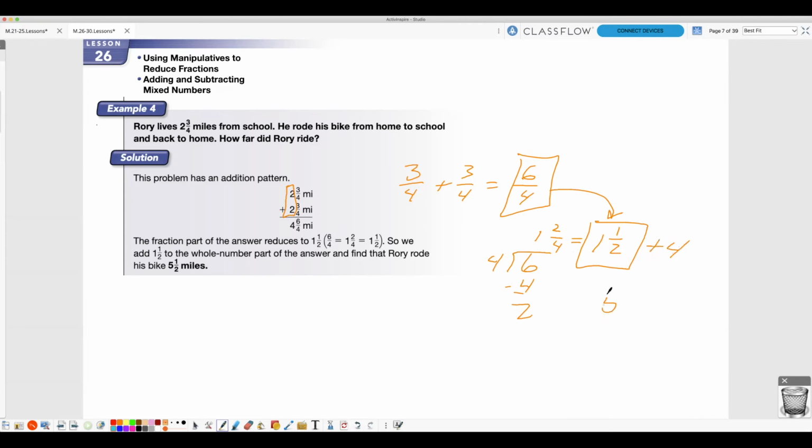You have 5 1/2 as the final answer. 2 and 3/4 plus 2 and 3/4 would equal 5 1/2 in the end. So you have to make sure the fraction part of the answer is reduced. So we add 1 1/2 to the whole number part of the answer to find Rory rode his bike 5 1/2 miles.